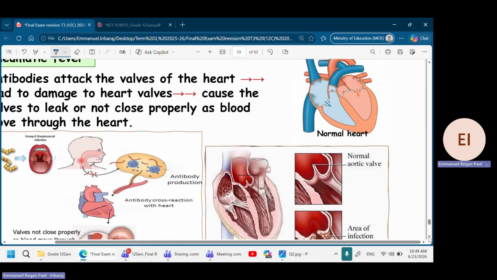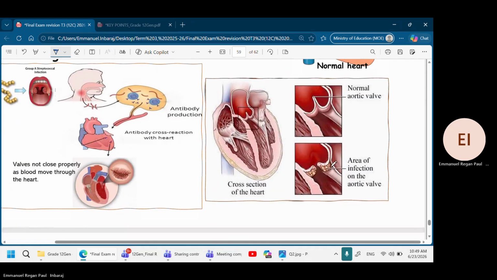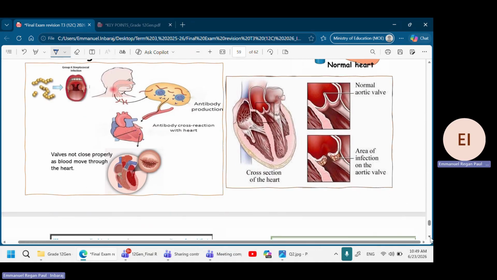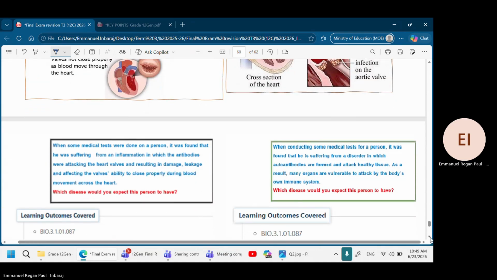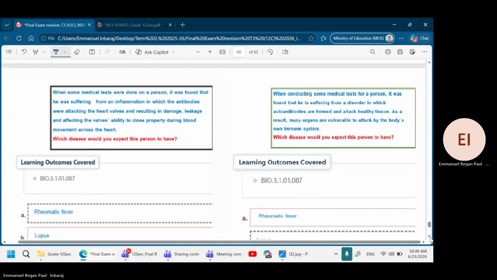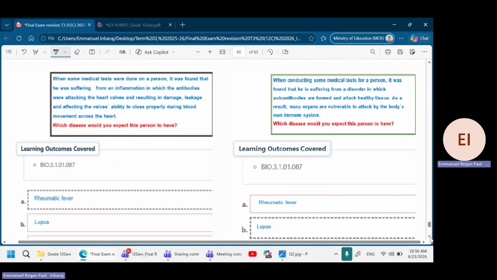Okay, this is rheumatic fever, because they are talking about the valves of the heart. They say when some medical tests were done on a person, it was found that he was suffering from inflammation in which the antibodies were attacking the keyword, you see, heart valves.